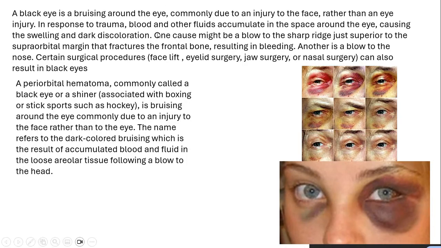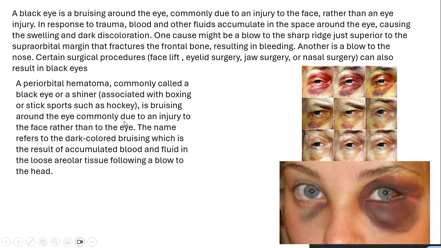The periorbital hematoma, commonly called a black eye or shiner, is associated with boxing or stick sports such as hockey. Hematoma is like the clotting of the blood, which is a defense mechanism for our body to make sure that the blood does not flow, unless you have a hemophilia issue, it shouldn't be a problem.